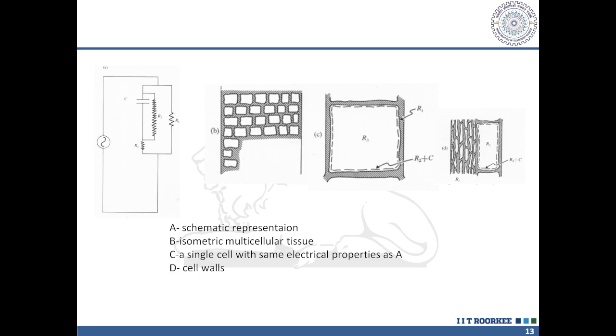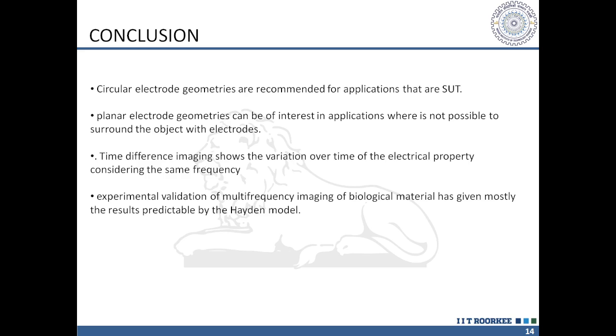Because every cell of biological tissue or any material has some kind of RLC parameters equivalent circuit, which changes with the change in frequency. So if the admittivity or conductivity changes, our output voltage will change, and from that we can get different images from these techniques.